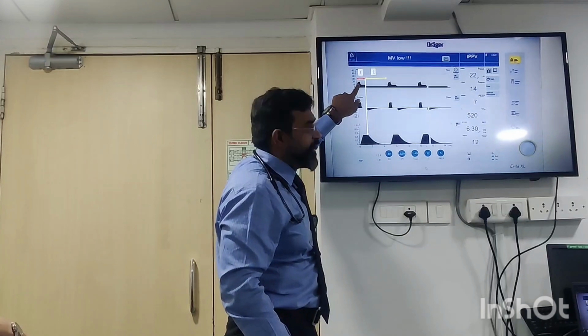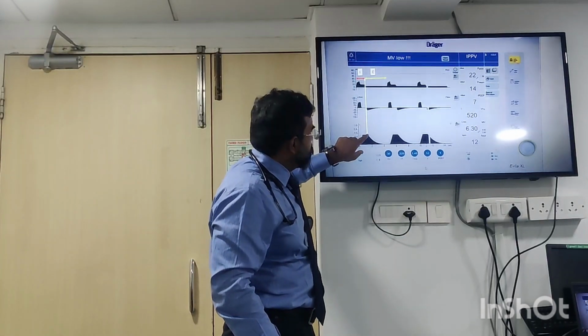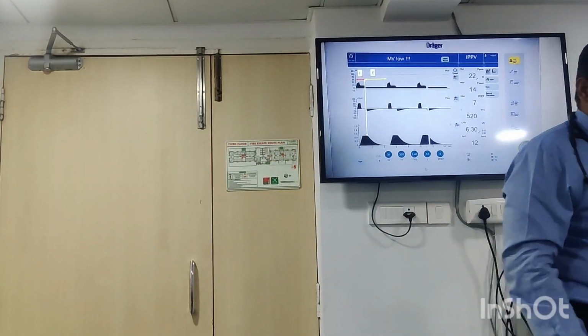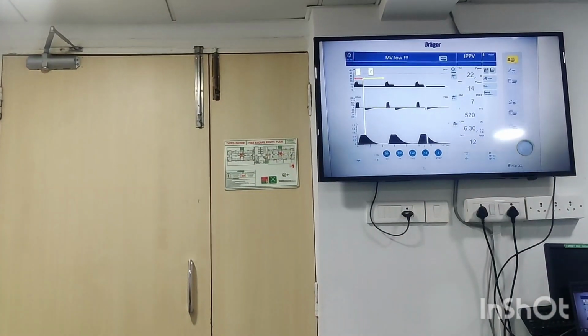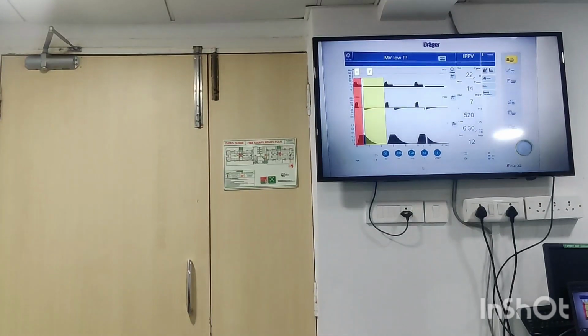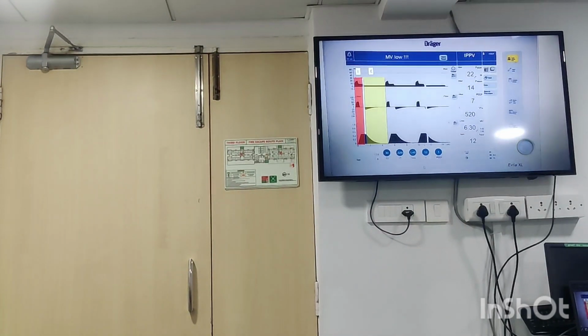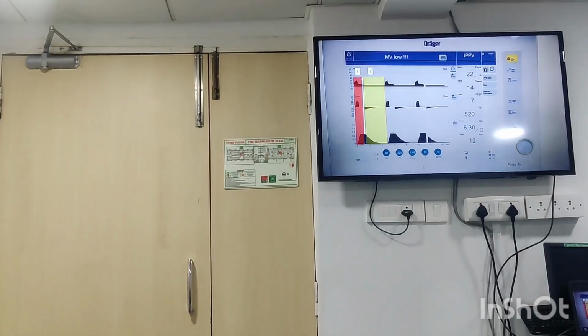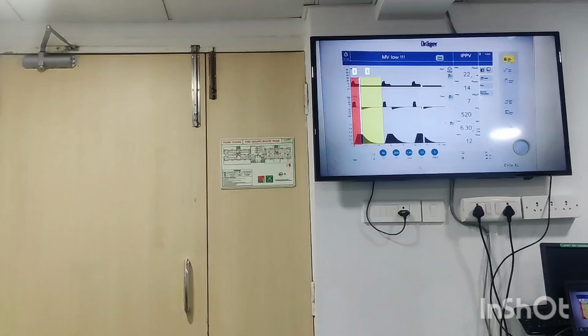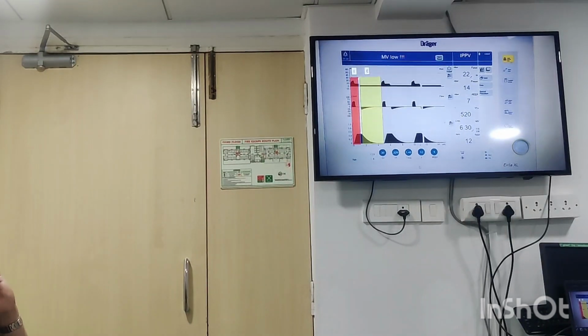Breath delivery stops right here, and that's exactly where your volume is also cutting off. Understanding this? Inspiration, and that's your expiration, 1:2.5, which we had said. Clear? So you must remember these waveforms the way they are, because this is the physiology of breathing in your mechanical ventilation.